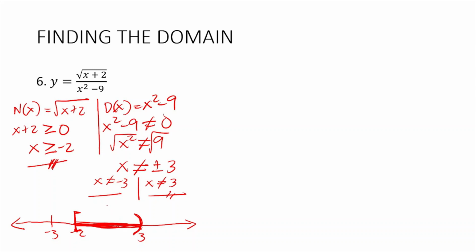However, again, this inequality says that the domain is the set of all x values greater than or equal to -2. So it will still go to the right, going to positive infinity. It just doesn't include positive 3 in this case, right?